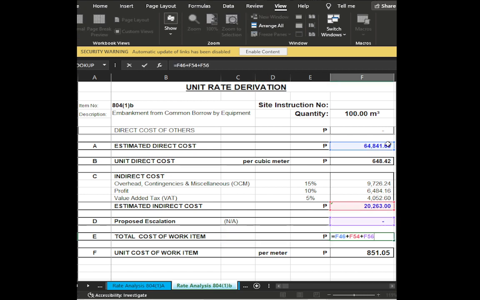The total cost of the work item is the total indirect plus the direct cost, 85,105. If we divide the total cost of the work item by our quantity of 100 cubic meters, our unit rate is 851.05 per cubic meter.